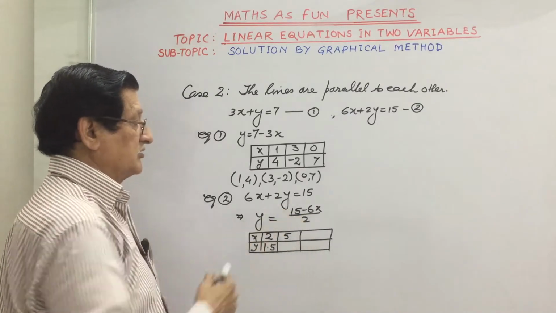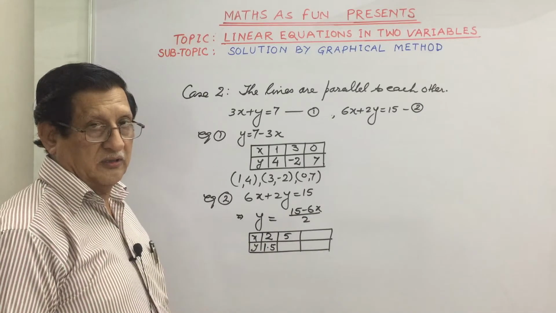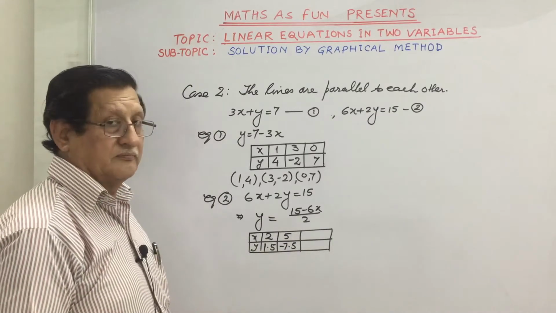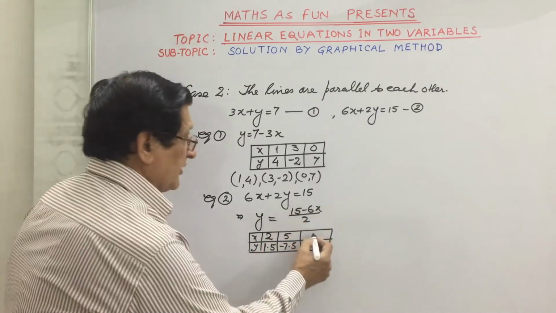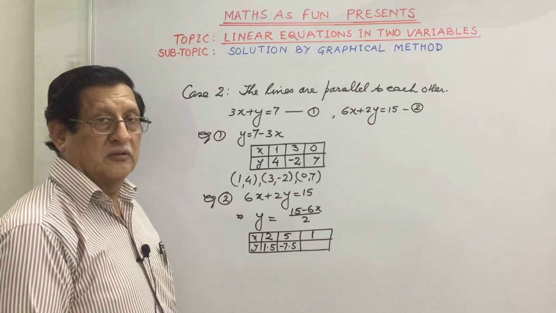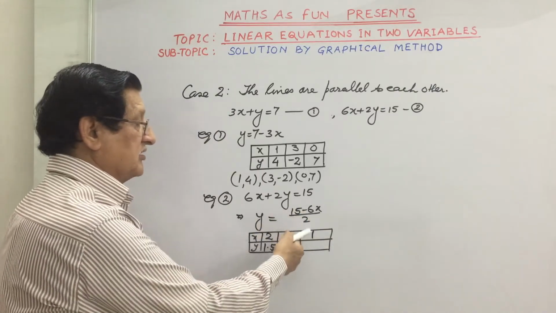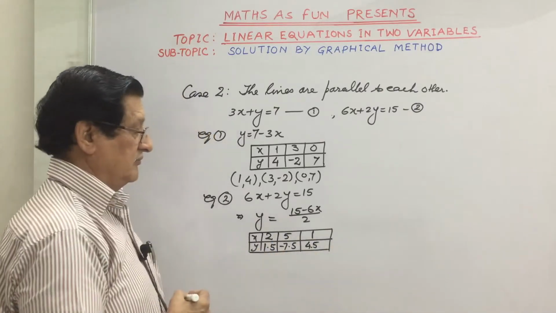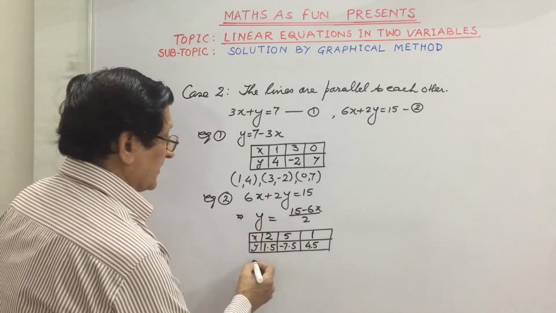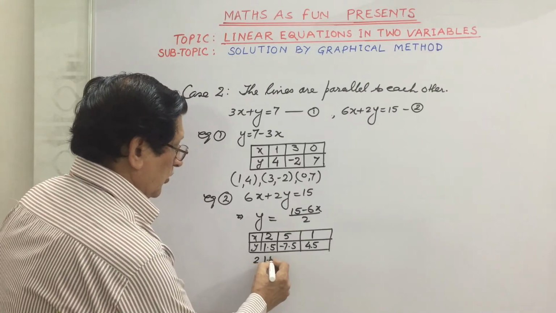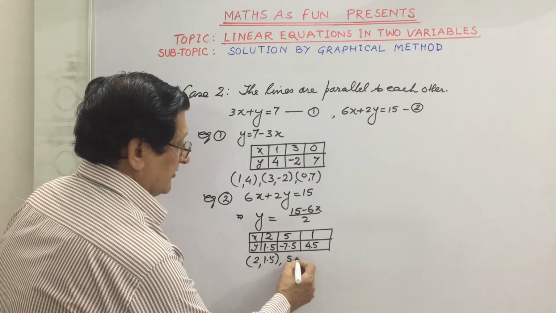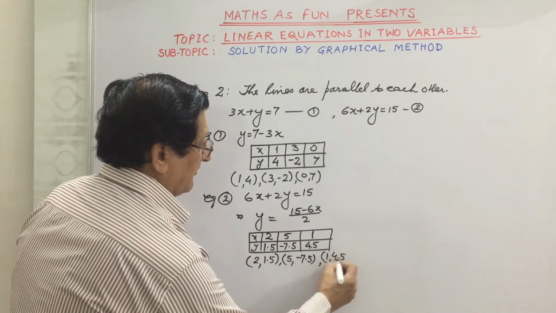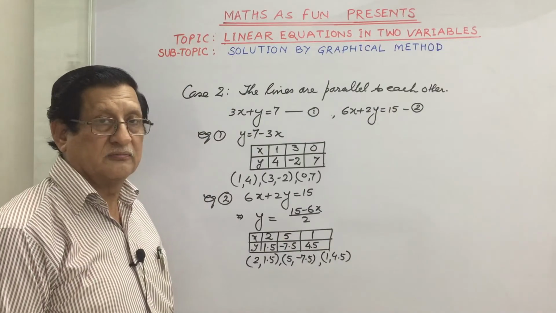Then 15 minus 30 is minus 15, and minus 15 by 2 is minus 7.5. Suppose we take x as 1. Then 15 minus 6 is 9, and 9 by 2 comes as 4.5. It means the points we are getting here are (2, 1.5), (5, -7.5) and (1, 4.5). We have taken these 3 points.